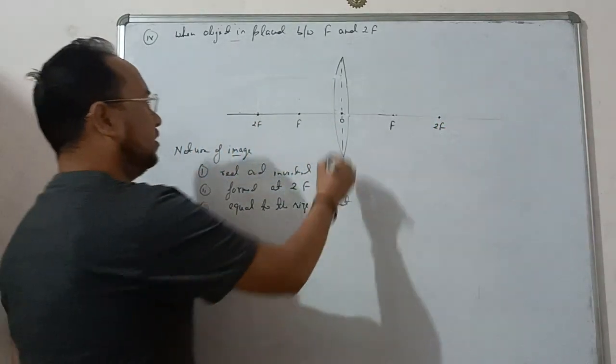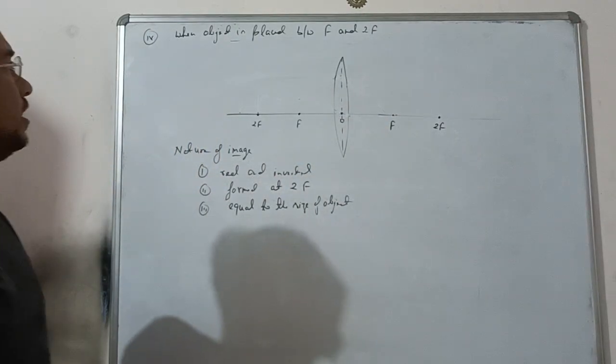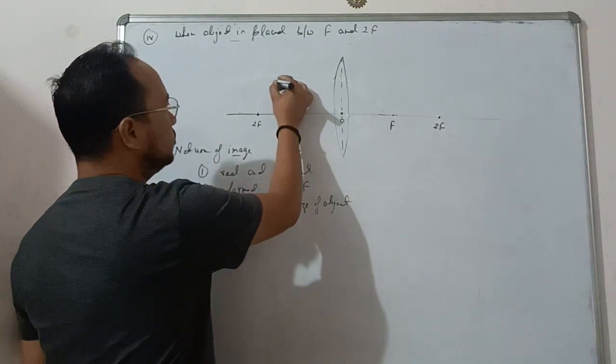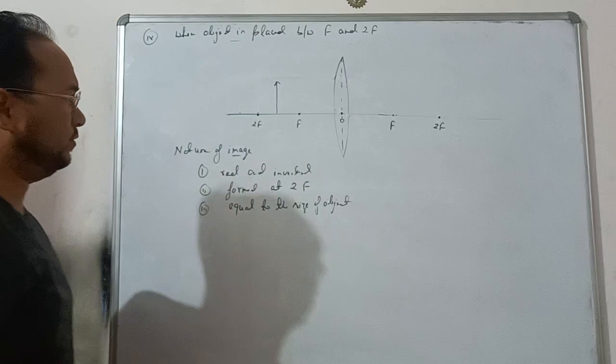Now this part is telling that the object is placed between f and 2f. So this is the object placed exactly between f and 2f.